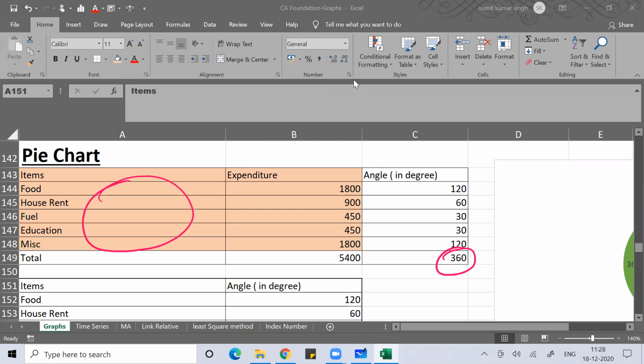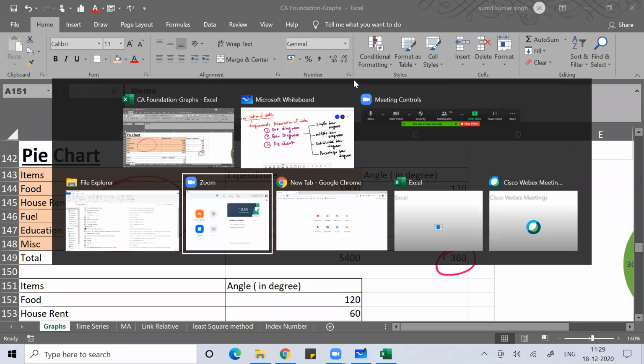We should have a basic understanding of the pie chart.